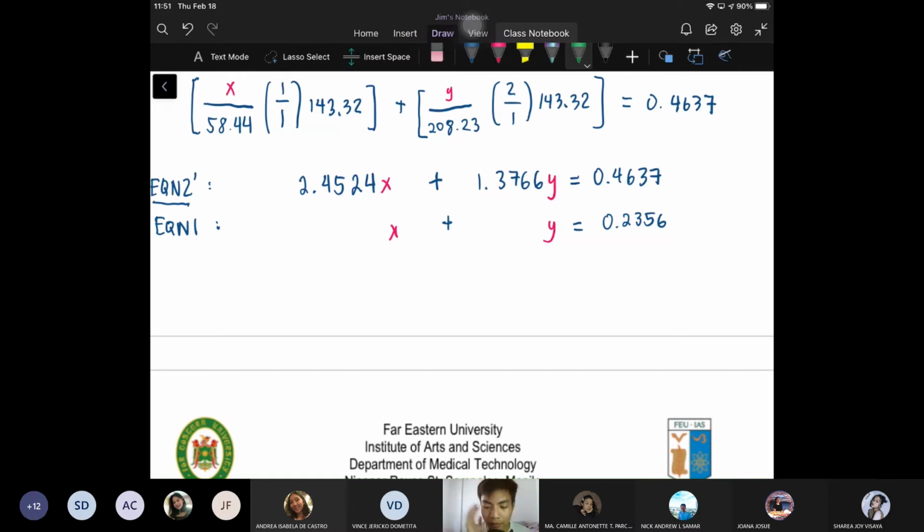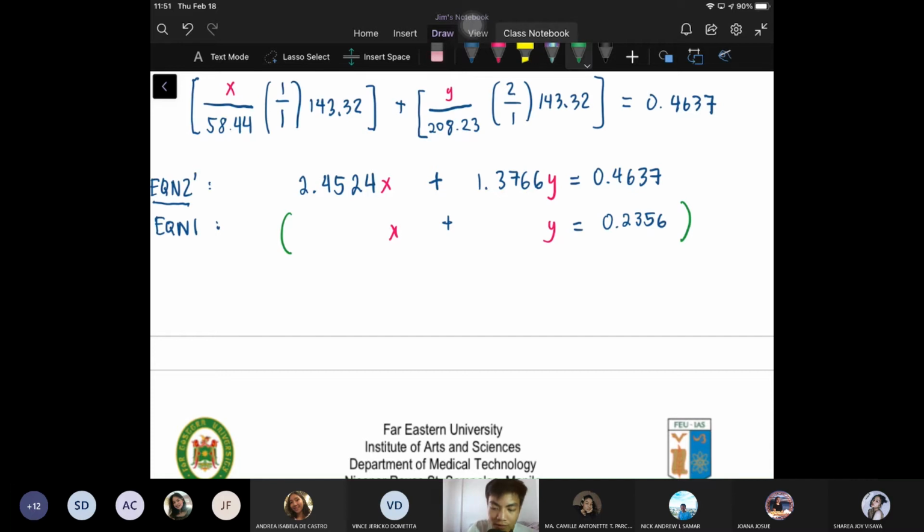Okay? So, how am I going to do that? No? One way to do that is to subtract two equations. Pag subtractin natin yung dalawang equation na yan, and i-multiply natin yung equations by the coefficient of the x, no?